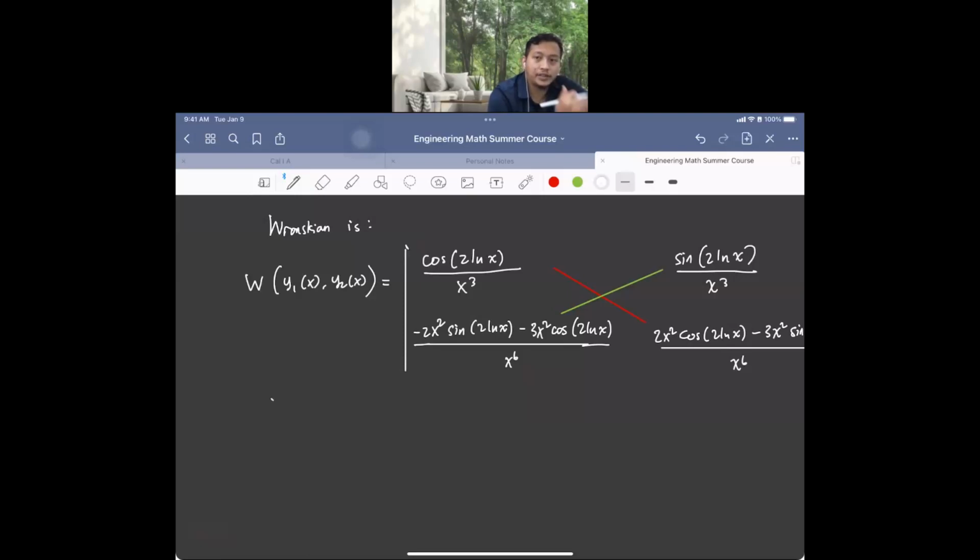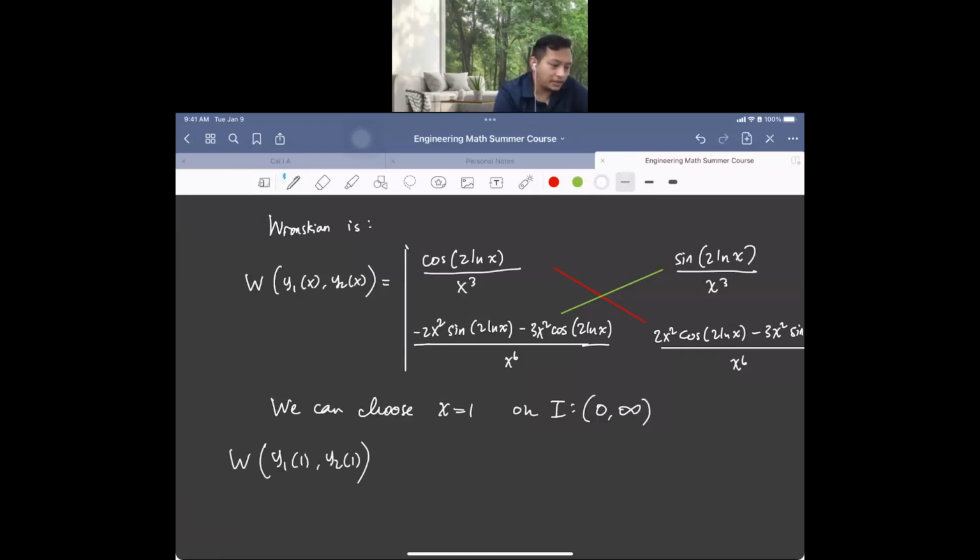Rather than directly using this determinant, we can choose x equal 1 on the interval, because we have this interval 0 to infinity. So we can just take some example for x equal 1, and we can find the Wronskian directly at x equal 1.